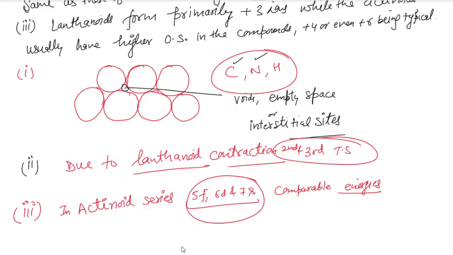As all have comparable energies, all are treated as valence orbitals. That's why they can easily participate in bond formation and show higher oxidation states.